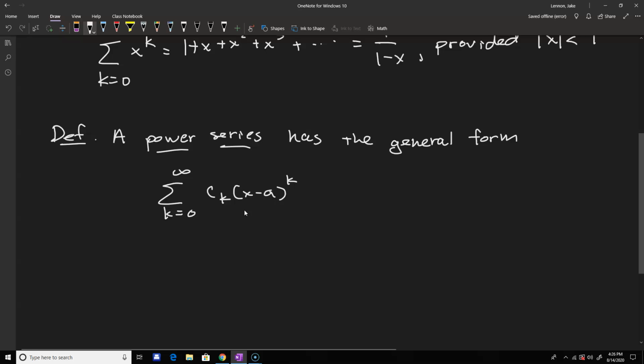This reminds us of a Taylor polynomial centered at a because of that x minus a form, where a and c sub k are real numbers, and x is the variable.